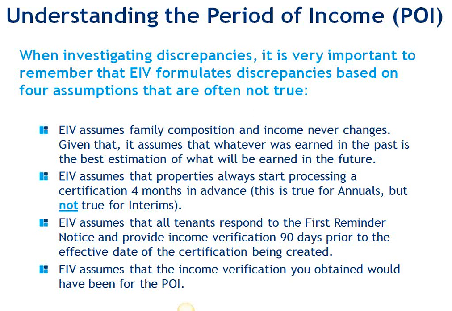Well, that's the reality of the affordable housing population, and EIV doesn't understand that. It assumes that whatever it sees in this finite period of time in the past is the best estimation of what you should have used to project what that household would look like in the future.